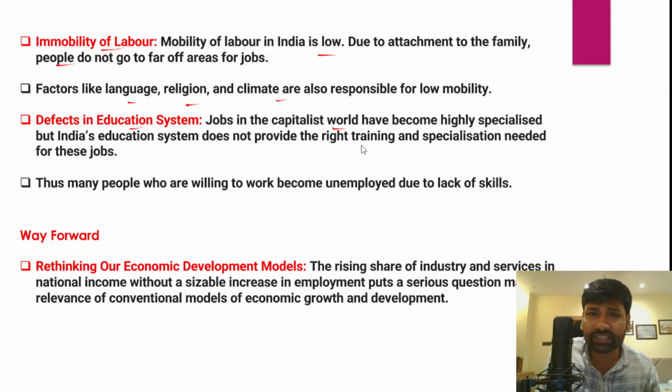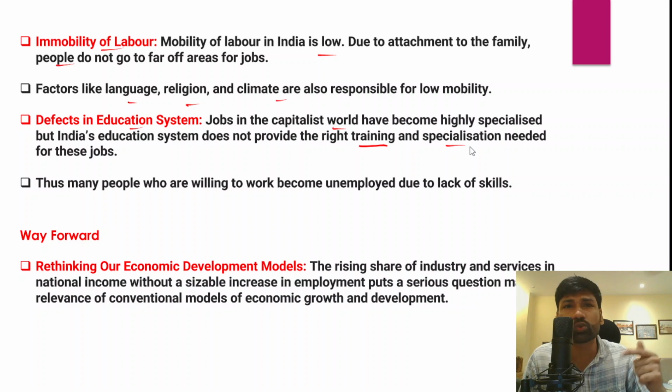Okay, so specialization and training is very important for the students. Therefore we need to reorient our education system to suit the needs of the industry and the service sector. That aspect was neglected by the Indian education system, and that is another factor for increasing levels of unemployment in India.